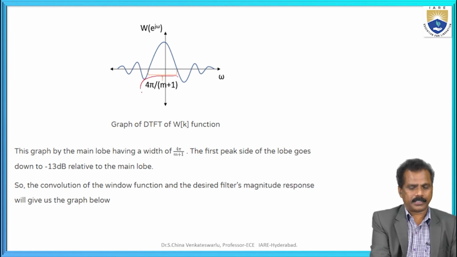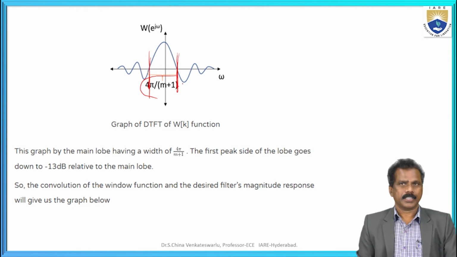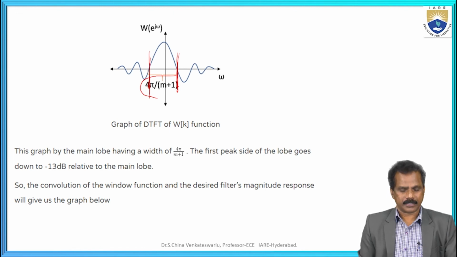This is the main lobe width. The first peak of the side lobes is down to minus 30 decibels relative to the main lobe.